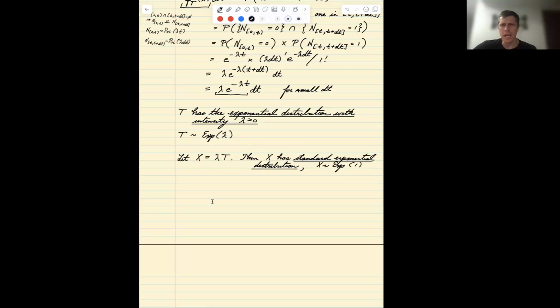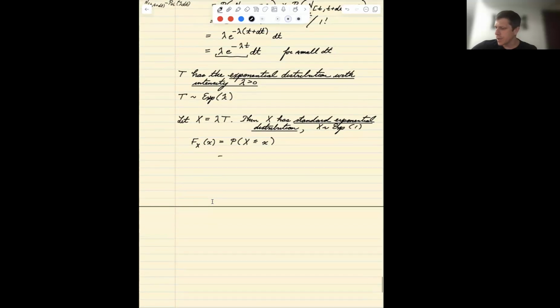Okay, so we could derive this. You don't have to just take my word for it. If we define X in this way, what is the distribution of X, right? The probability that the random variable is less than or equal to x. Well, X by definition is lambda times T, right?